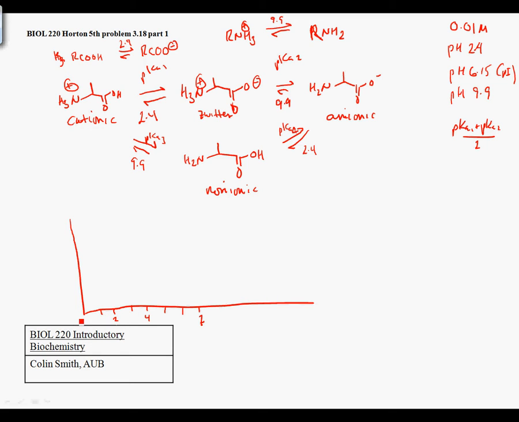We can keep going, but this is all we need to show. 8, 9, 10, 11, 12. That's enough. And on this axis, we can imagine the percent of a certain form.